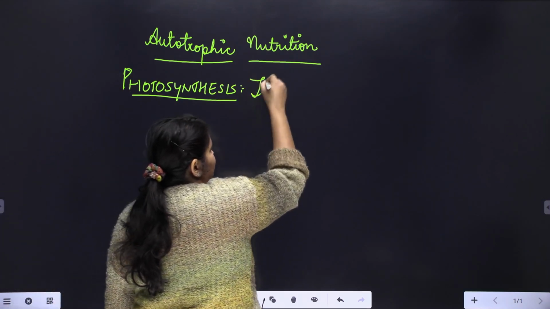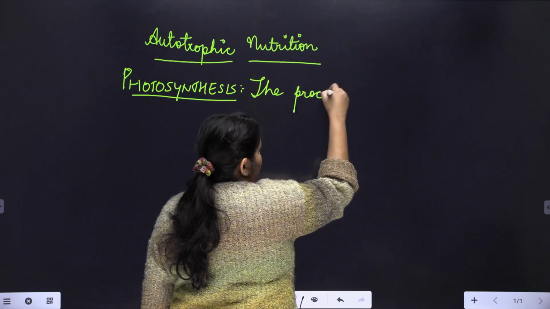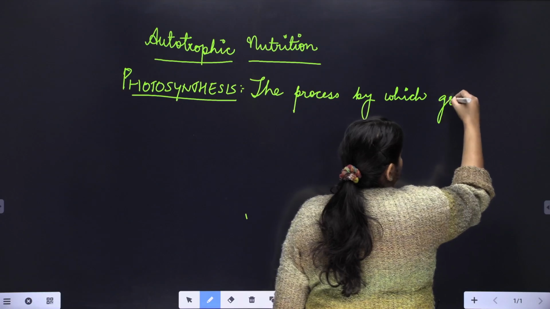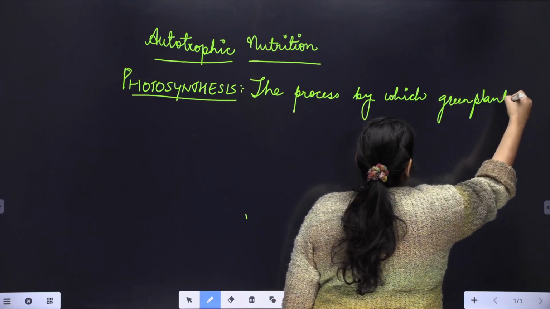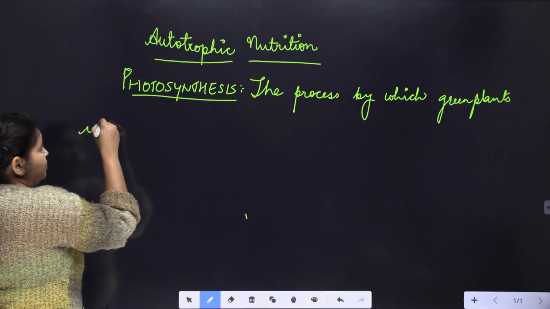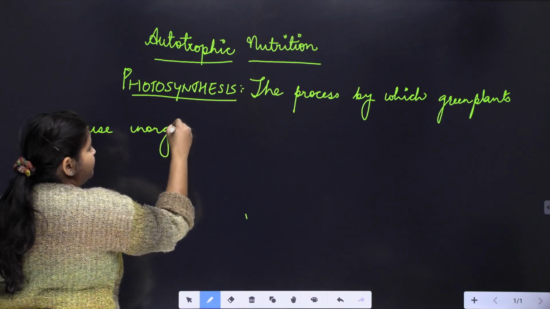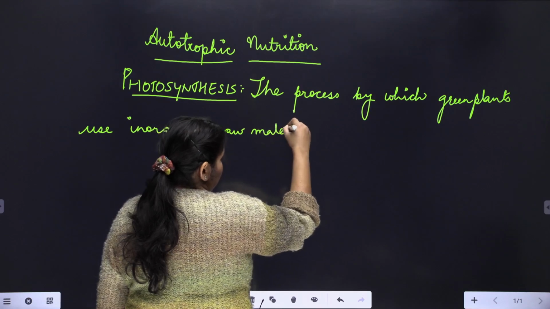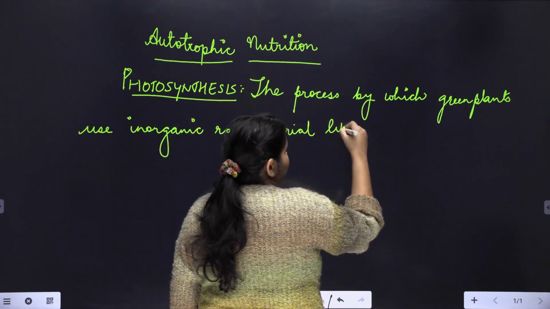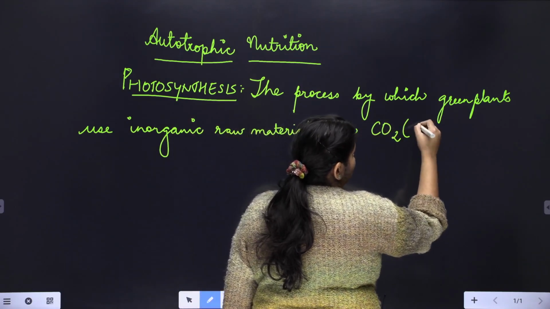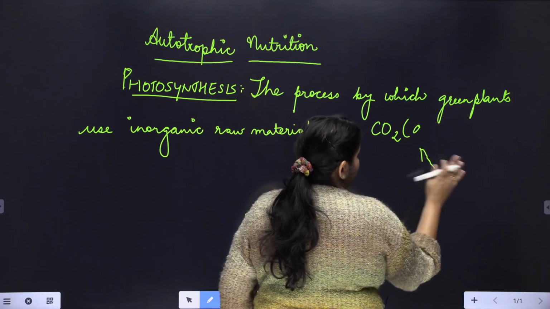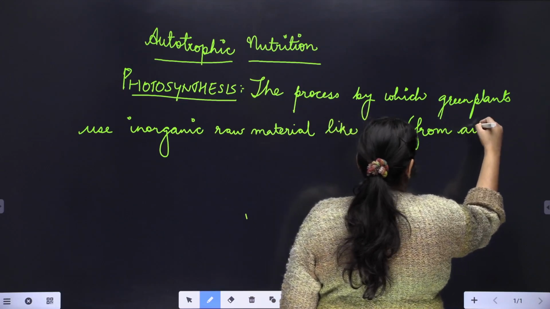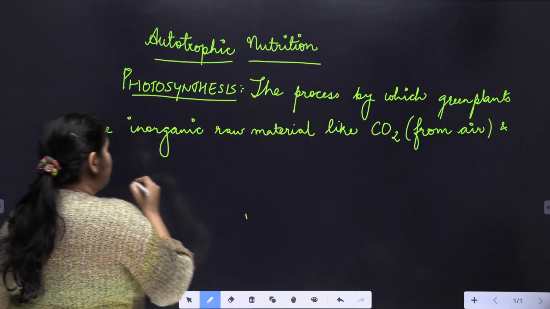Photosynthesis is the process by which green plants use inorganic raw material like carbon dioxide from air, and water from soil.